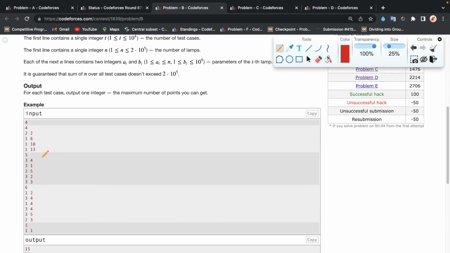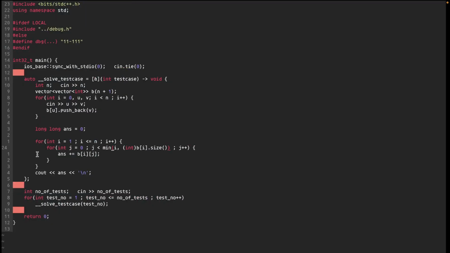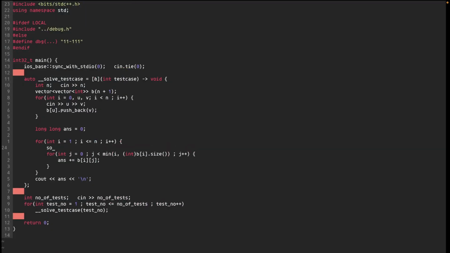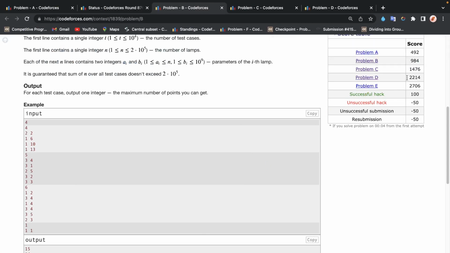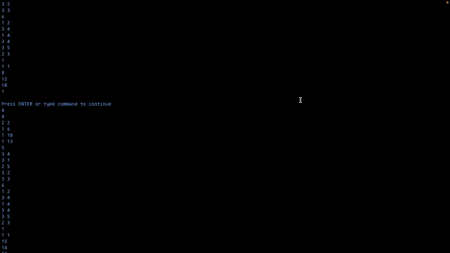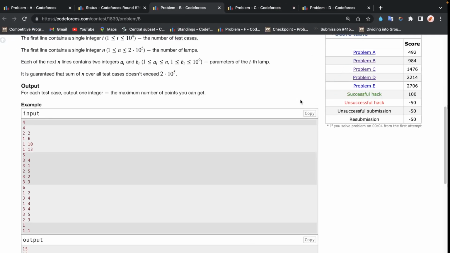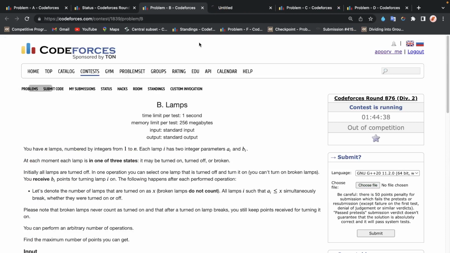So this should be fine. Okay, this should not be fine. I am dumb, I forgot to do the most important part. So I only need the maximum, so I can just reverse sort them and we will have a maximum of i points in all of them.